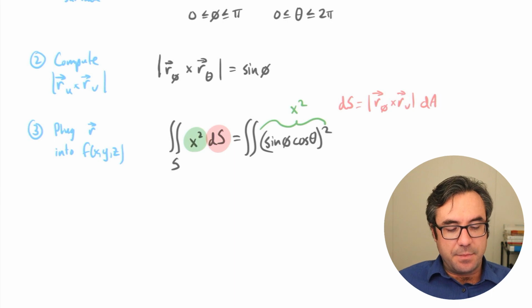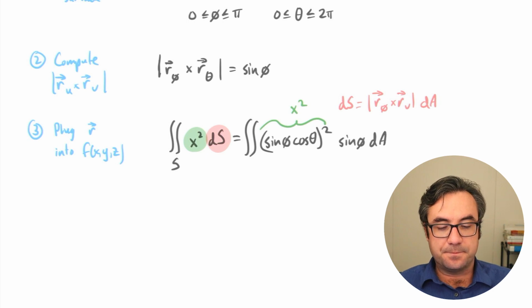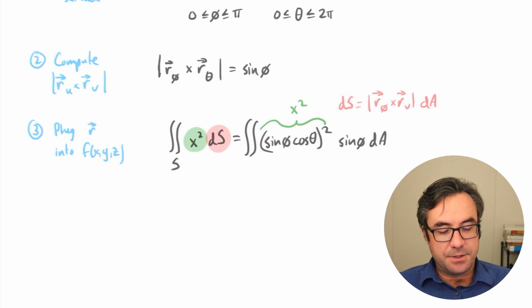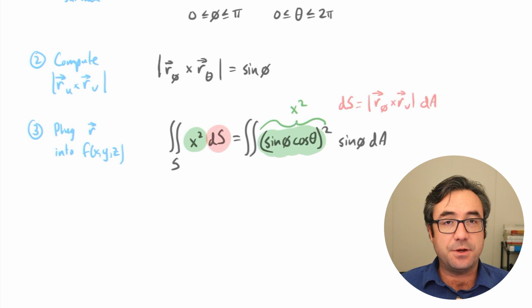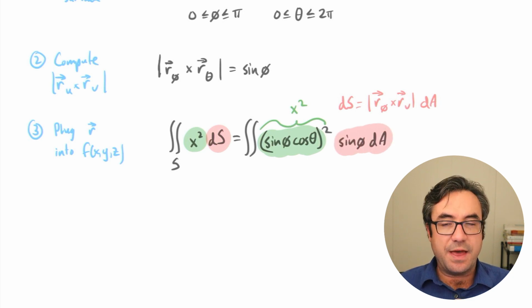If we plug that in, we're going to have sine of phi dA. That's because we've replaced the x squared with sine of phi cosine theta squared, and I've converted the differential with that converting factor.